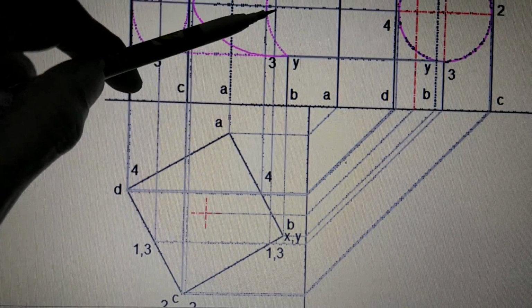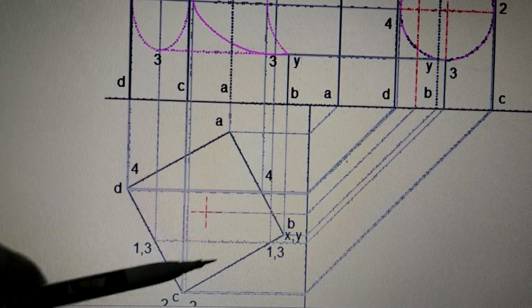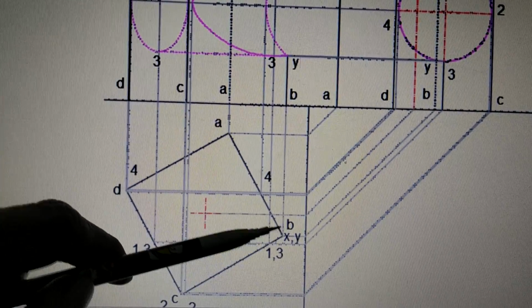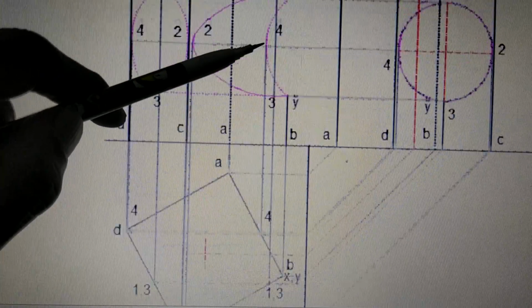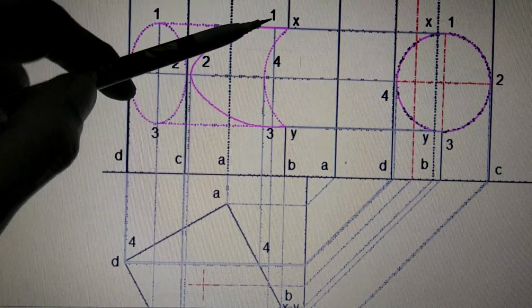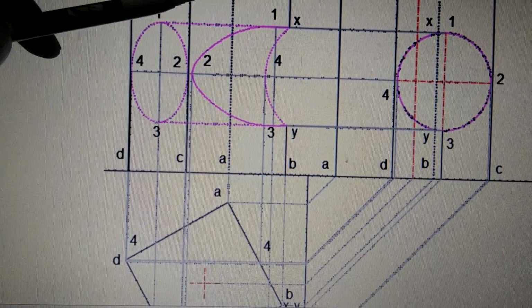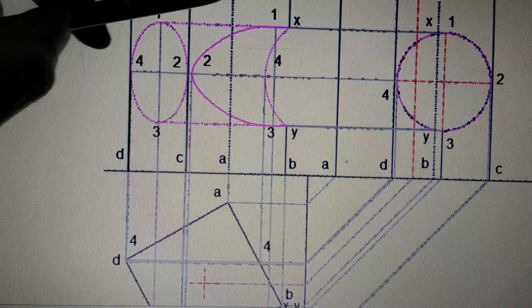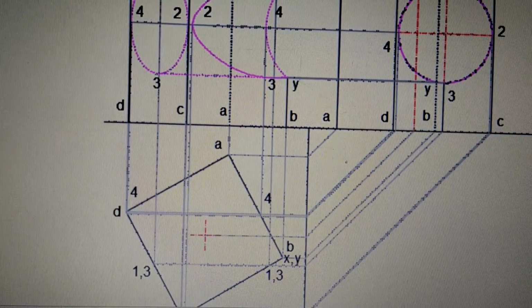So from 2 to 4 if you move, 2 is here, and then on this side there is 4 with a change over from 2 to XY to 4. So here is 2, then there is XY, and then there is 4. Of course there is 1 and 3 also there, but this 2 is on this surface and 4 is on the back side of this surface. Therefore, accordingly, we have to draw the figure.